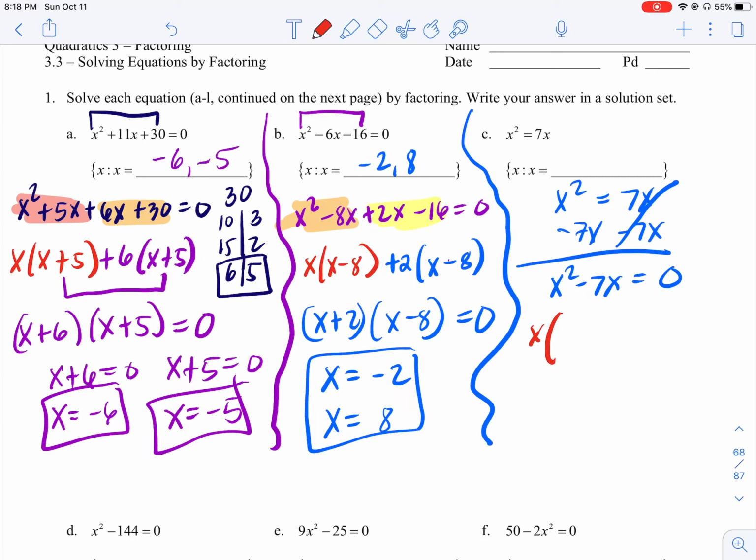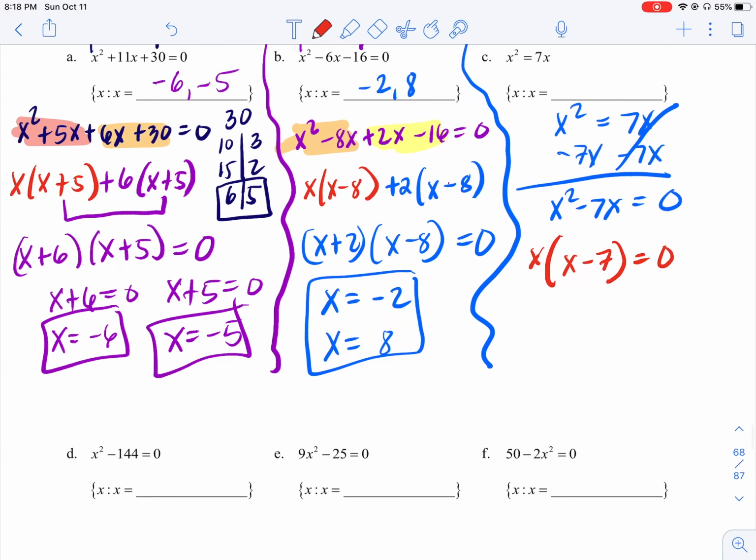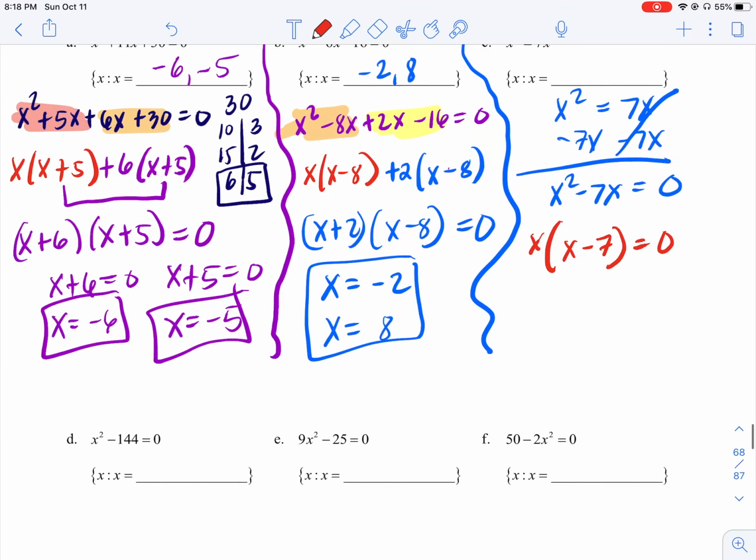So we're gonna have to divide this by x, divide this by x. So I'll end up with x minus 7. What do you guys think? Let's try. x times x, very good. That is x squared. x times -7, very good. That's a -7x. So I will just make them equal to 0.